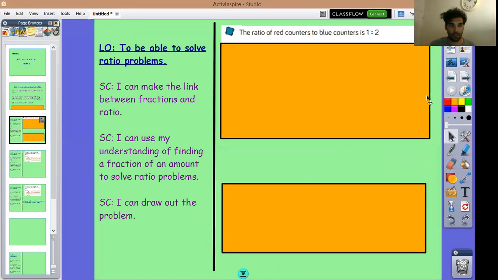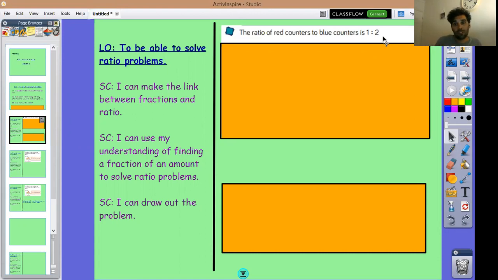Okay, so the very first question is: the ratio of red counters to blue counters is 1 to 2. Just going to think about what fraction that is. I'm just going to build this. Over here, I have got 1 red cube and 2 blue cubes.